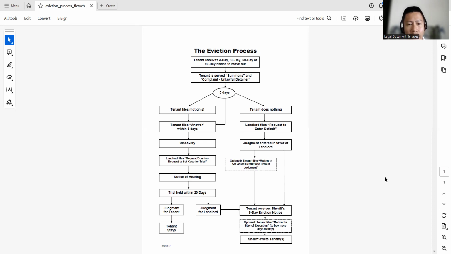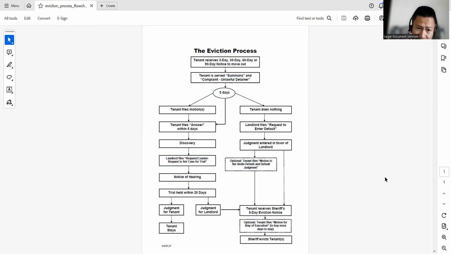Now, on the route of filing motions, the tenant has to file an answer within 5 days after the summons and the complaint are served.